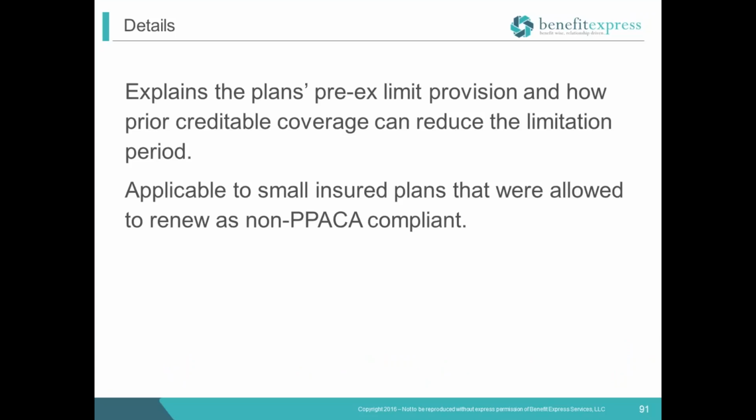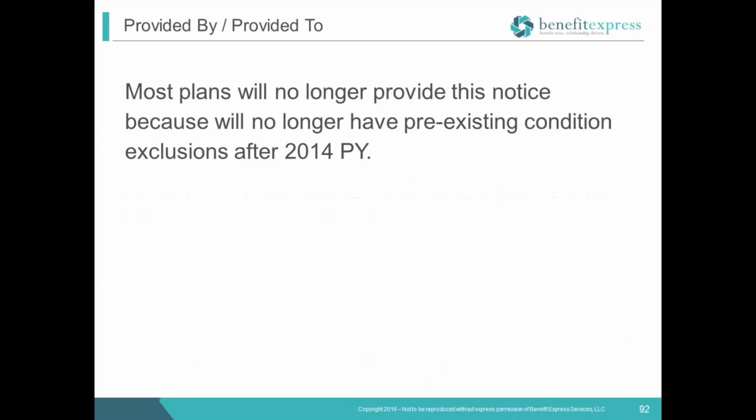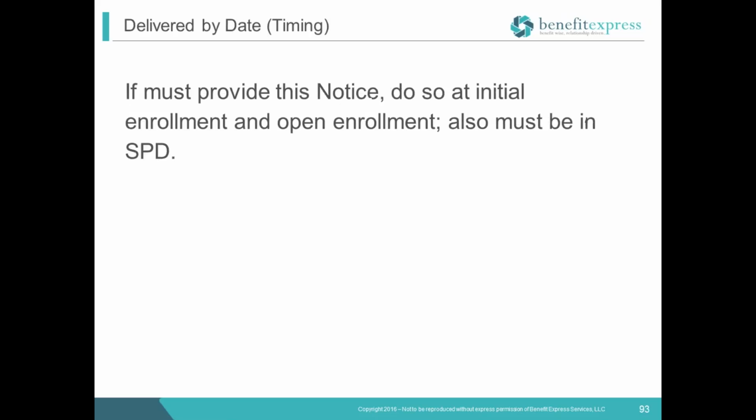It's applicable to small employers that are allowed to renew on a non-health reform compliant basis. Most plans will no longer provide this notice because they no longer have a pre-existing condition exclusion. Very few plans, these small employer plans, provide this notice, at initial enrollment and open enrollment. Also, it's in the SPD.